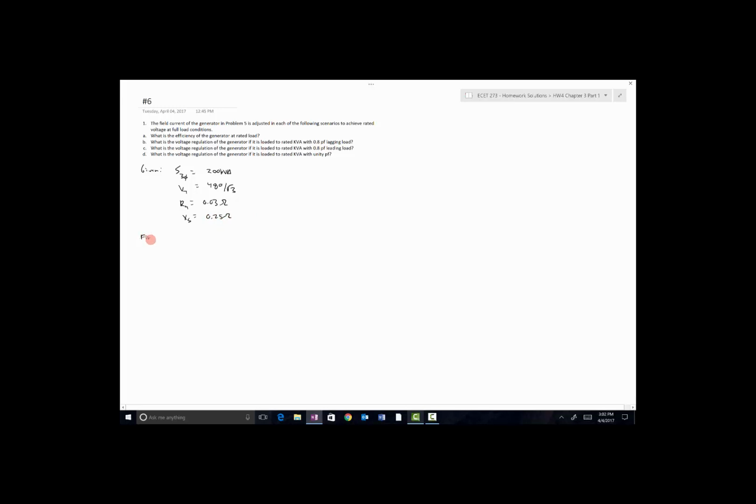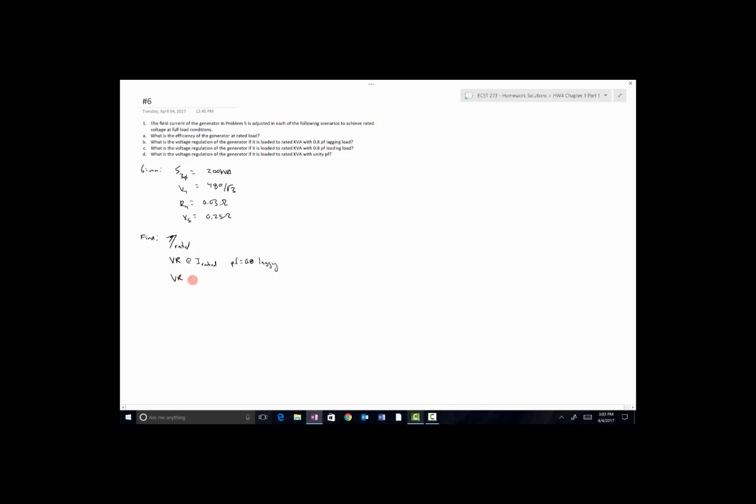We were asked to find the efficiency of the generator at rated conditions, so that's eta rated. The voltage regulation, symbol for that is capital VR, at I rated, power factor equals 0.8 lagging.